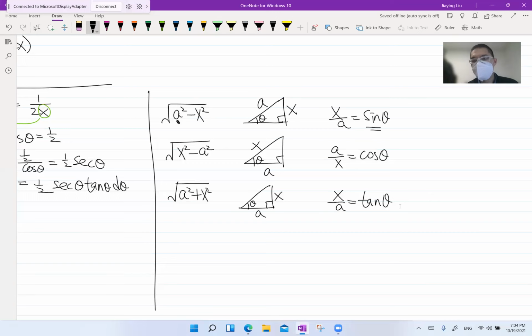Like I said a couple of times, it doesn't really matter. In some cases, you can put one known side on the adjacent or the opposite. It really doesn't make a difference. It's just that at the end, you might have an integral with cotangent that you're less familiar with, and then you don't know how to integrate.